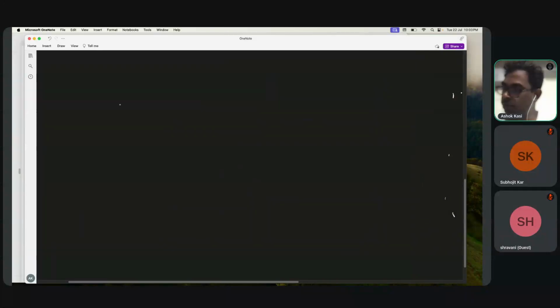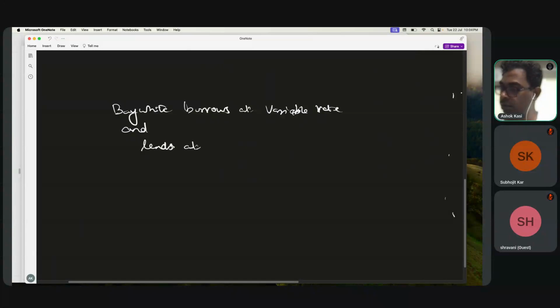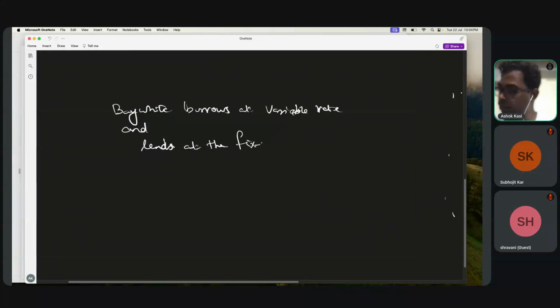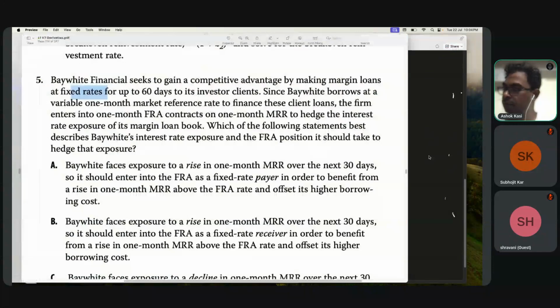Okay, so this company Baywhite borrows at a variable rate and lends money at the fixed rate for 60 days.